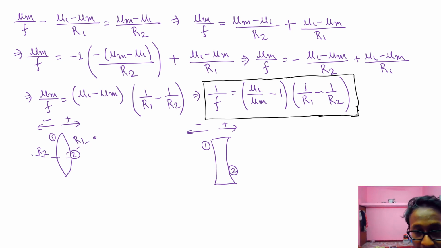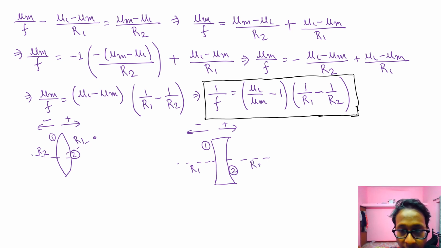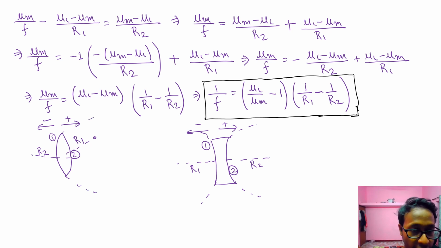Similarly for concave lenses, R1 is negative because R1 forms on the negative side, and R2 is positive because R2 forms on the positive side. You have to see the curvature of the lens.